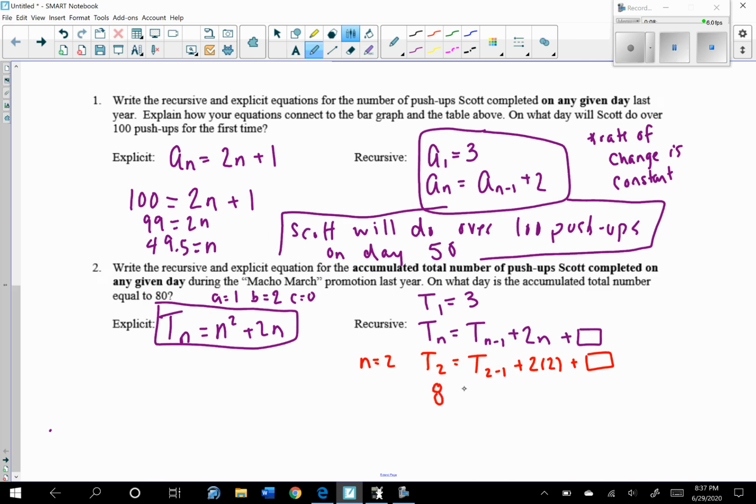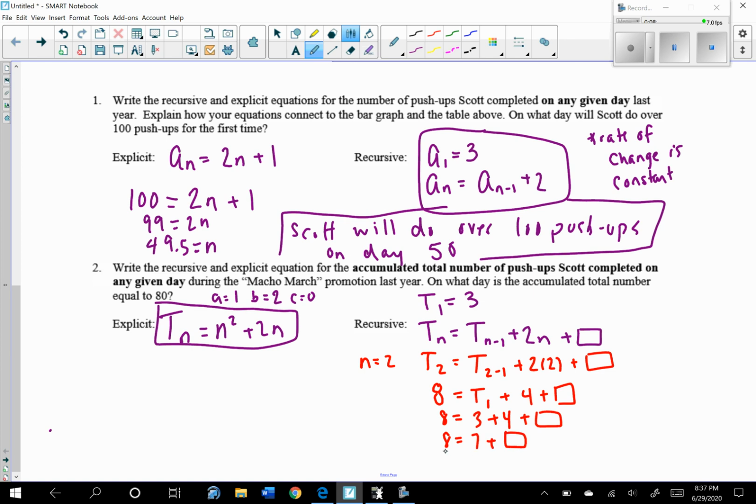So I'm going to substitute that in. This is t of 2 minus 1 is 1, plus 2 times 2 is 4, plus something. T of 1, remember we said it's in the table and we had to state it as well, which is 3. So 8 equals 3 plus 4 plus something. So that means that 8 equals 7 plus something.